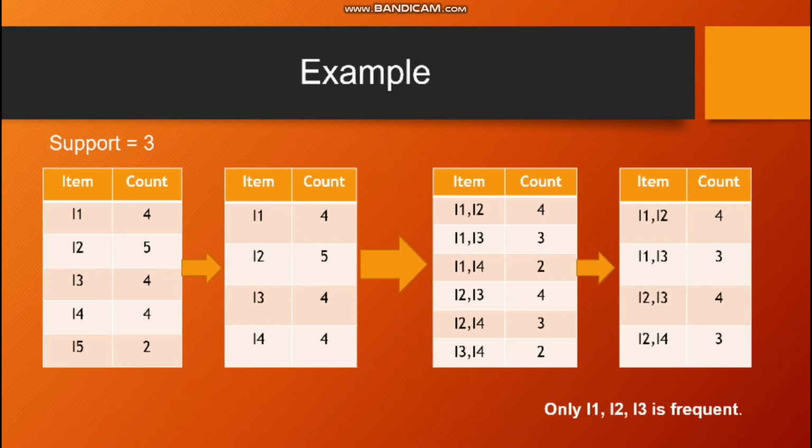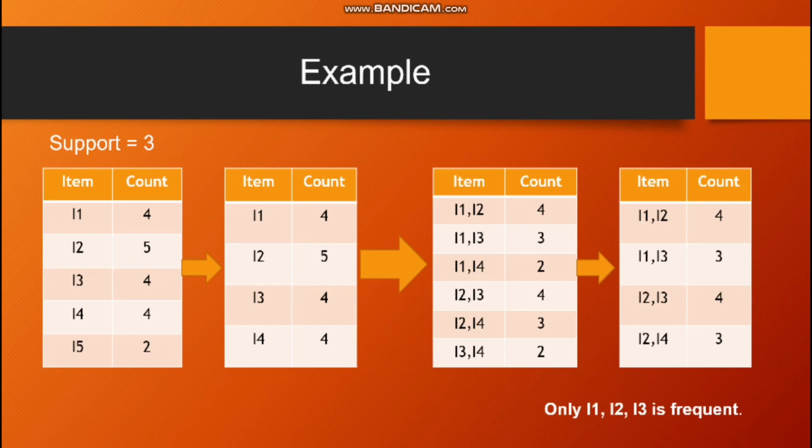We have support equal to 3, so if the count is less than 3, we will delete that element. In the first table the count of I5 is less than 3, so we will delete that row, that is item I5. In the next table, items I1, I2, I3 and I4 have counts 4, 5, 4, 4, which is greater than or equal to support 3.